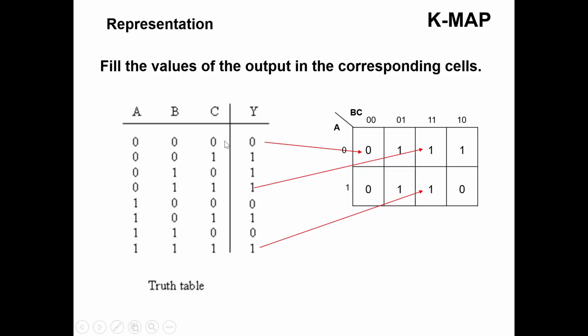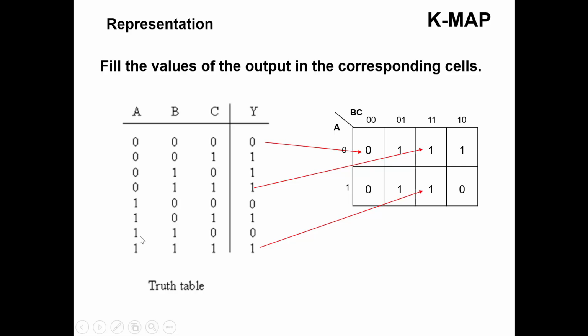When A, B, C are 0, 0, 0, the output is 0. When A is 0, B is 1 and C is 1, the output is 1. When A is 1, B is 1, C is 1, the output is 1.